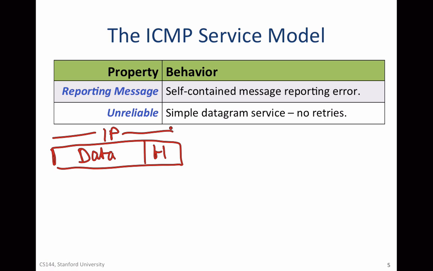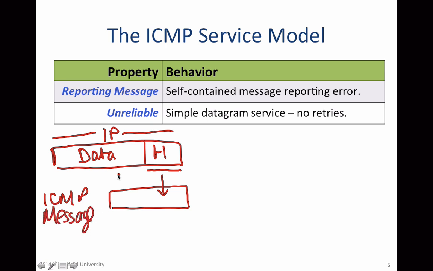If the first router wants to send back an ICMP message, what it does is it takes the header. Now this header here has source address A and destination address B, and it will place this into an ICMP message. So it will take this header and put it into the ICMP message. So this is my ICMP message.